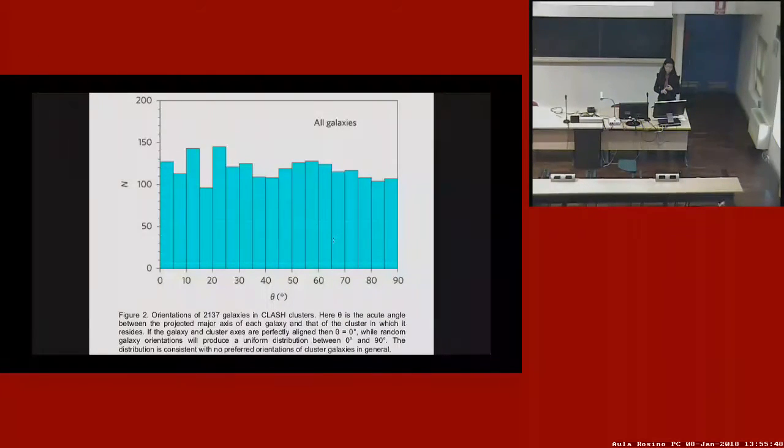If the galaxy and the cluster are perfectly aligned, then theta will be equal to 0. So in this image, we can see that there is a uniform distribution between 0 degrees and 90 degrees, which is consistent with there being no preferred orientation in the cluster galaxies.